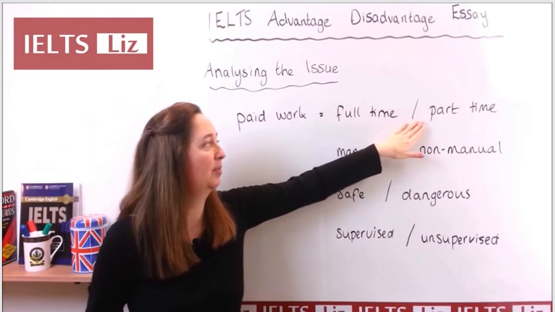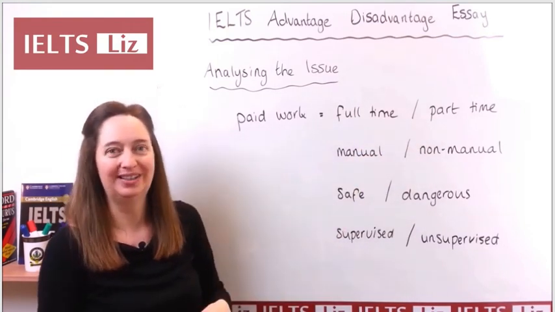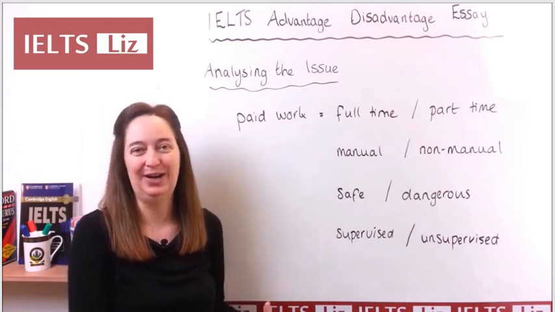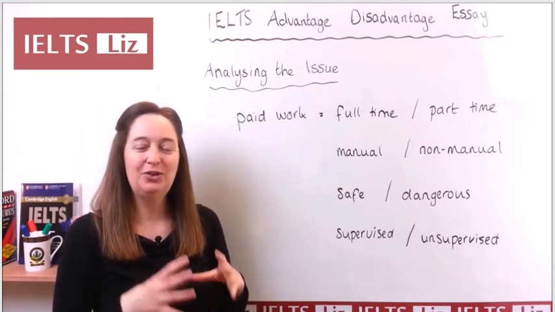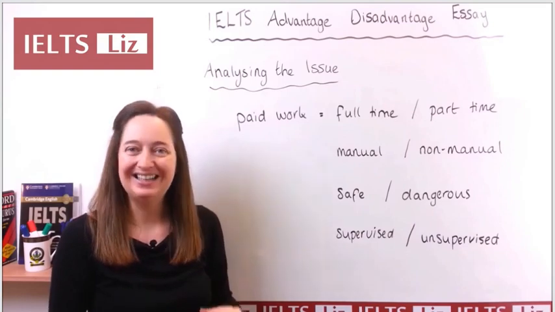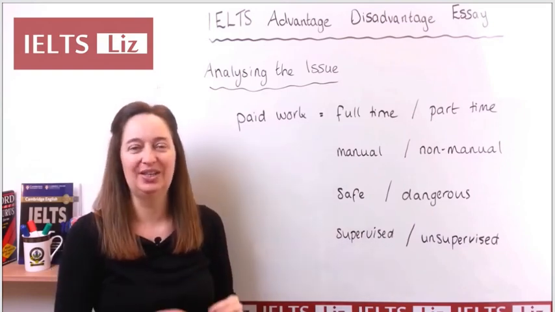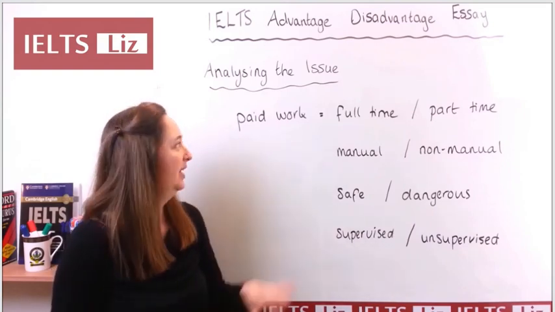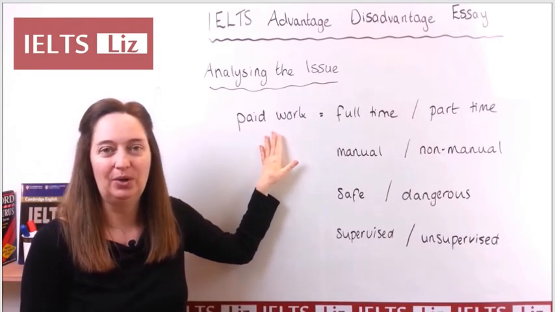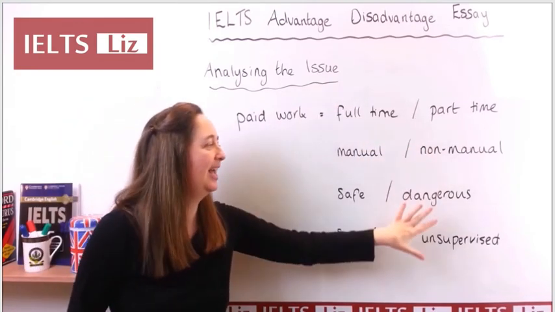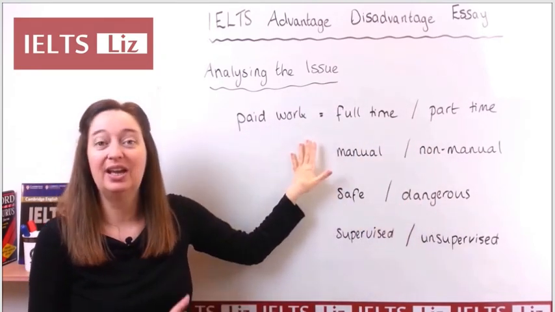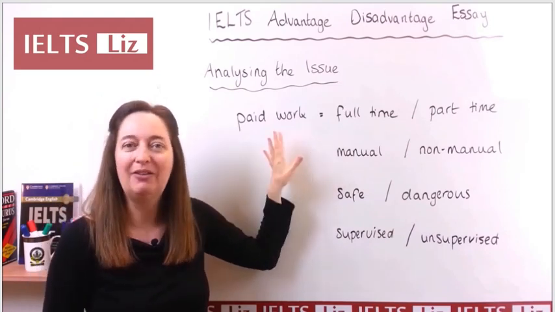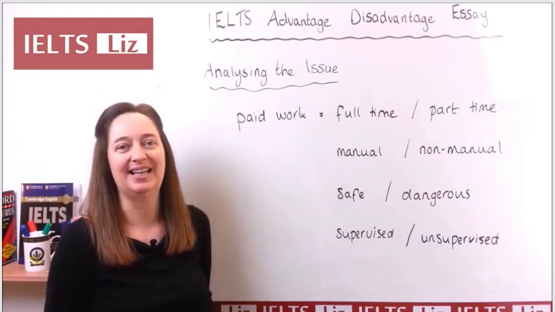Or if they only talk about children doing part-time work, again the ideas for our essay will change. So you really need to look closely at the exact issues involved in your essay question. Now, for us, we've got paid work, which means we can talk about any of these issues, anything we want. So we have a lot of freedom for this essay.